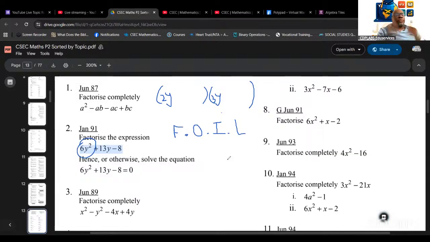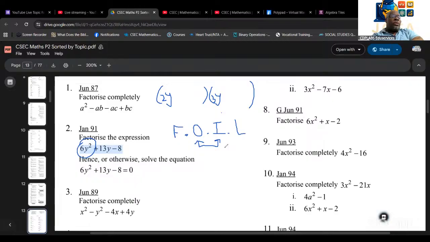Then now, the two outer ones, what would this 2y be multiplied by? This one, because there's a product part. Because you would add the result of the two outer ones and the result of the inside ones. Good.